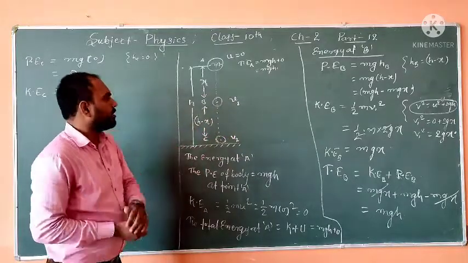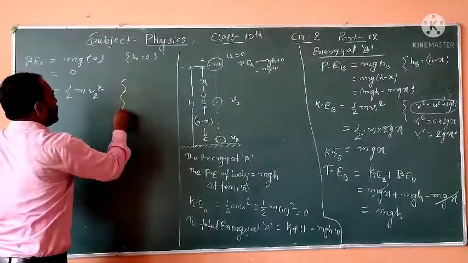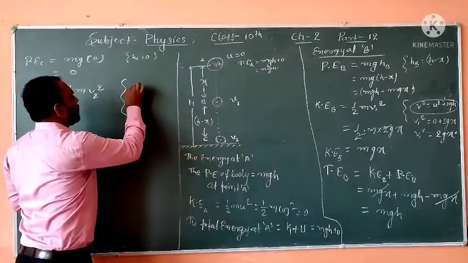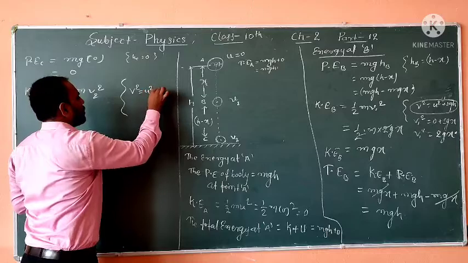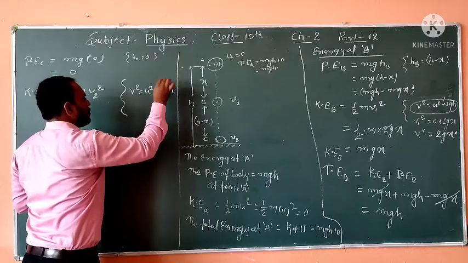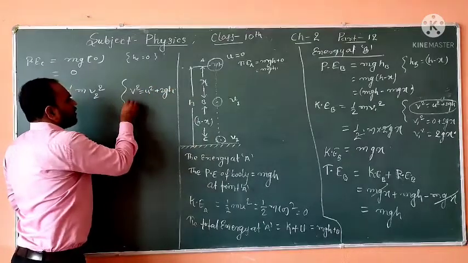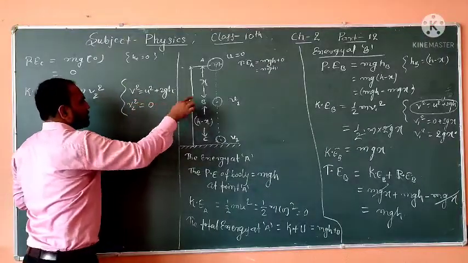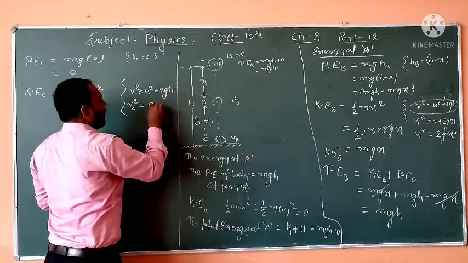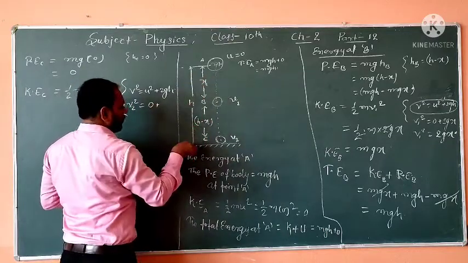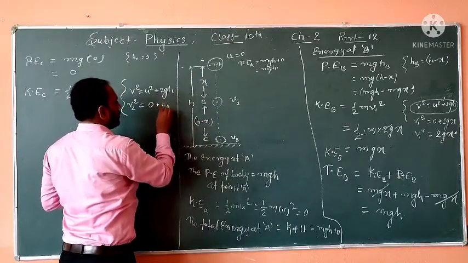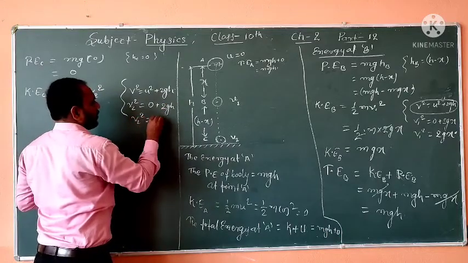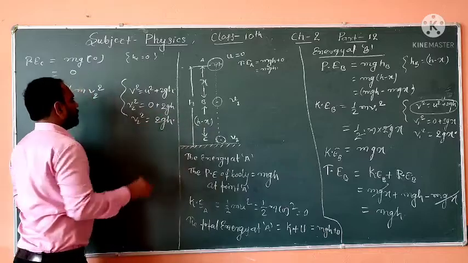Then find out v2. v2 is found simply with this formula: v square is equal to u square plus 2gh. Okay dear? So final velocity is v2, initial velocity is 0. After traveling a distance of h, v2 square is equal to 2gh.